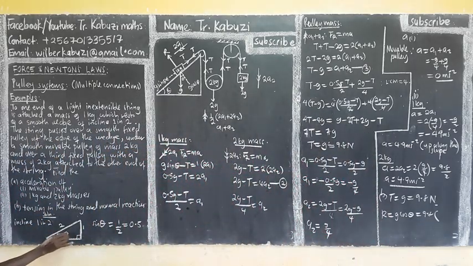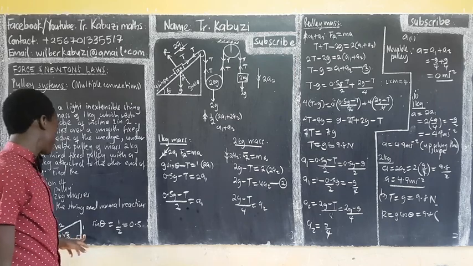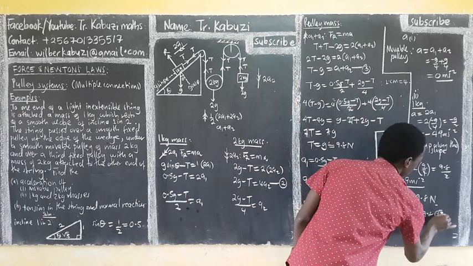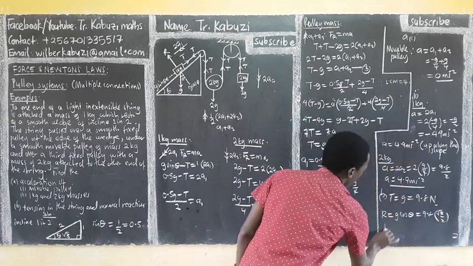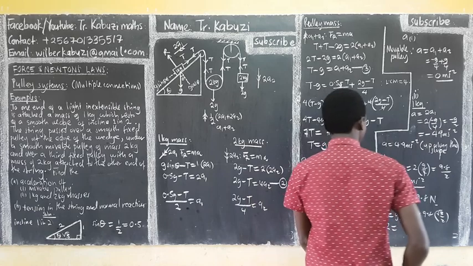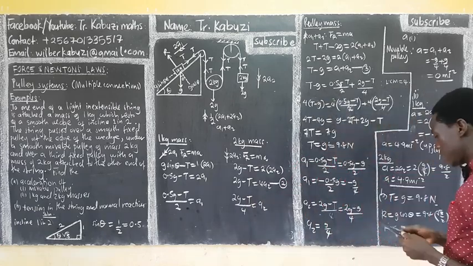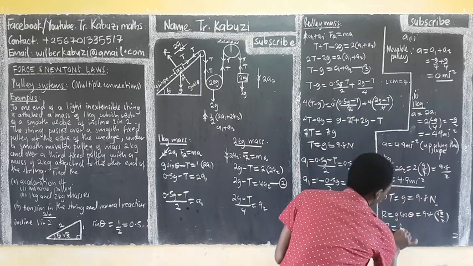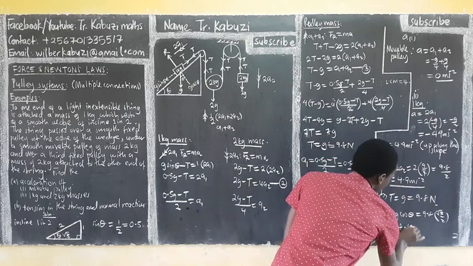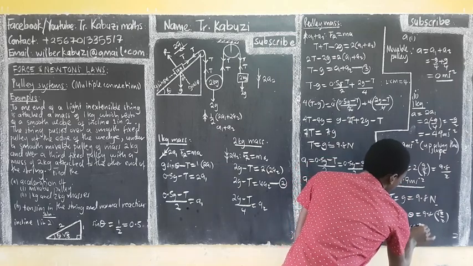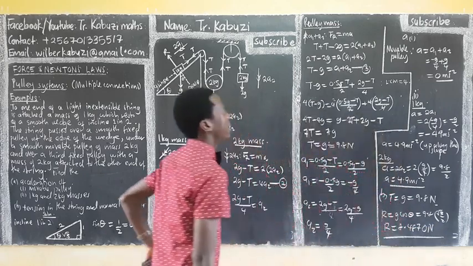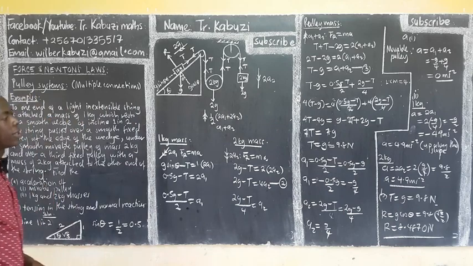This is root of 2 squared minus 1, the square root. So this will give us root 3 over 2. And so our reaction is going to be 8.487 newtons. So that's how you handle that question.